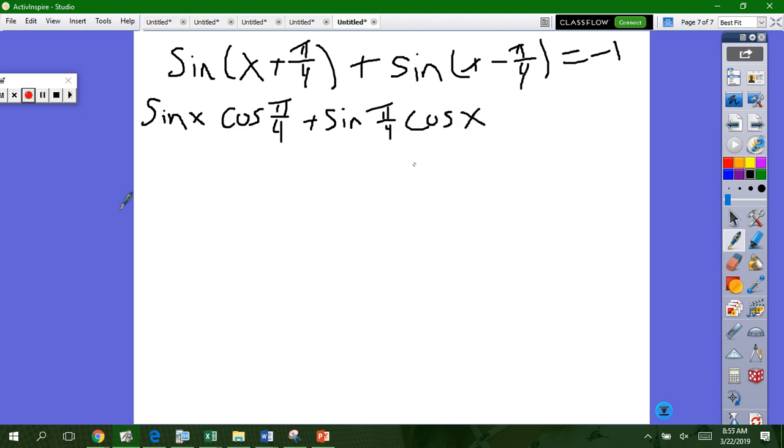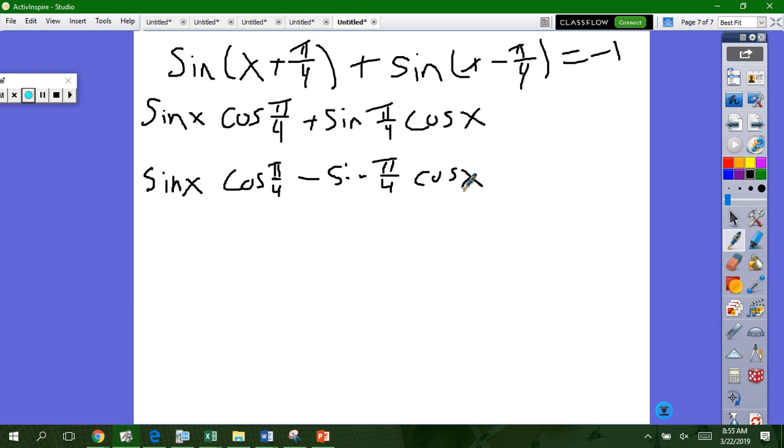Now I'm going to add, right below it, sine of x, cosine of pi fourths, minus sine of pi fourths, cosine of x. Now, if you guys will notice, what happens there?